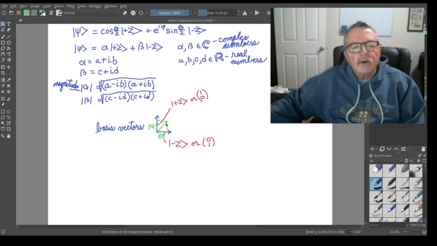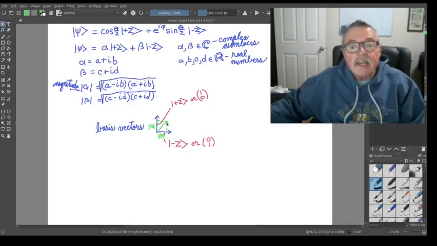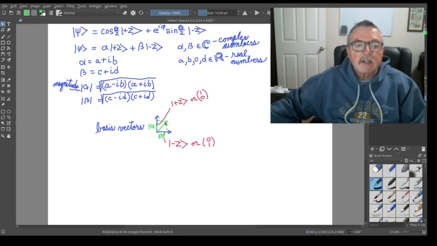And this arrow represents one quantity of the state. It represents the relative magnitudes between these things. And the relative phase, which is what this represents, that doesn't show up on this page. All it is, is the relative magnitudes.